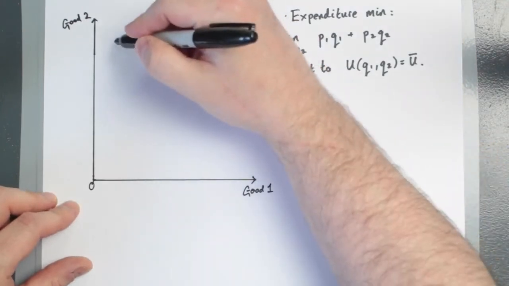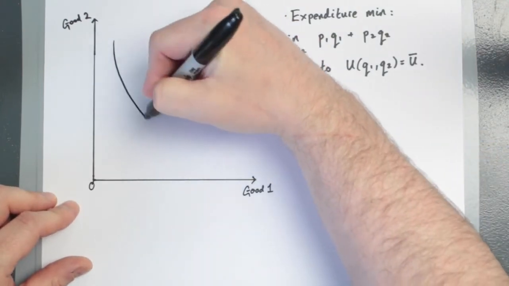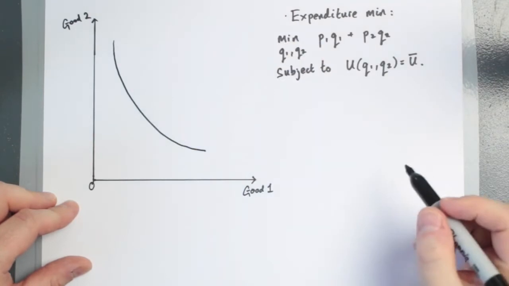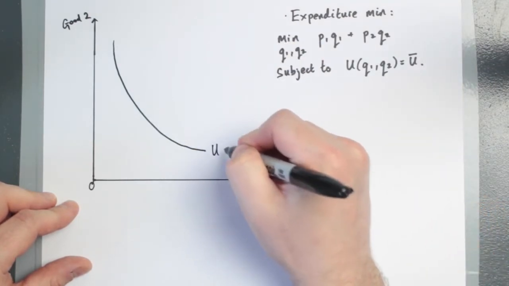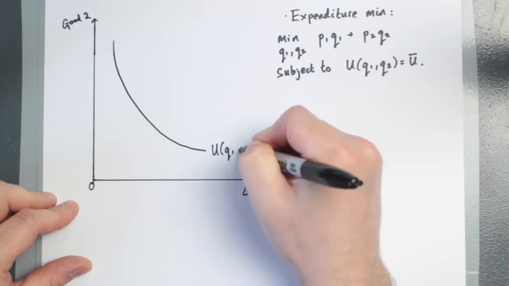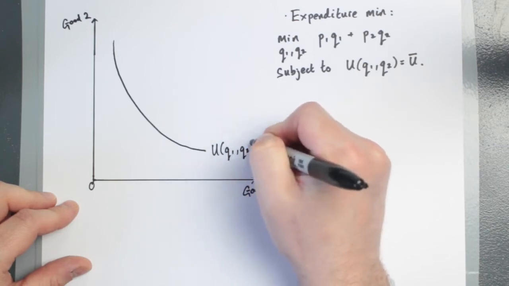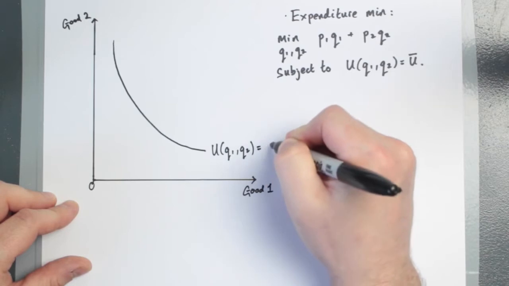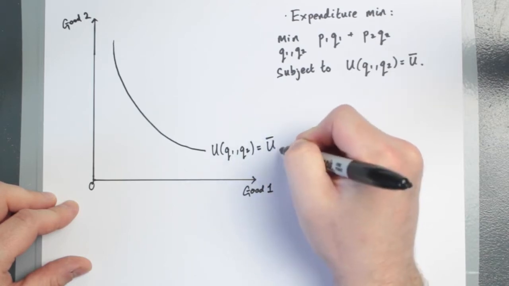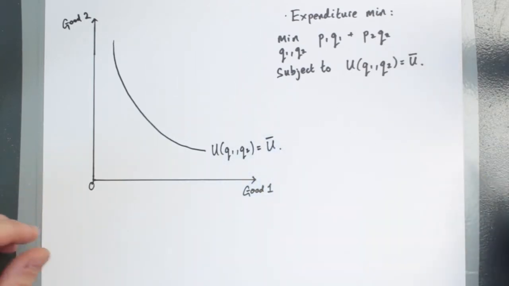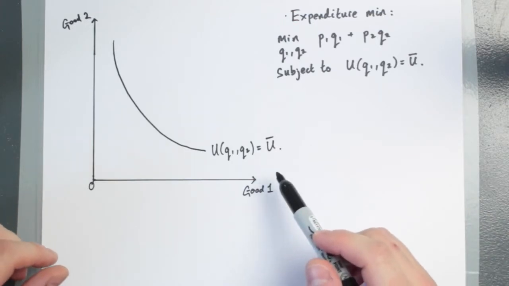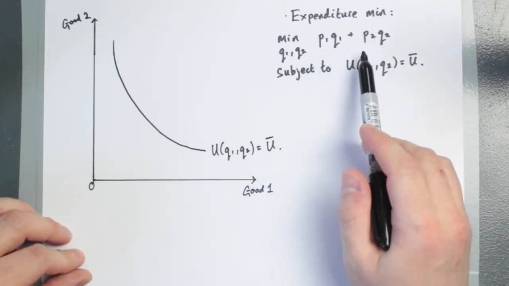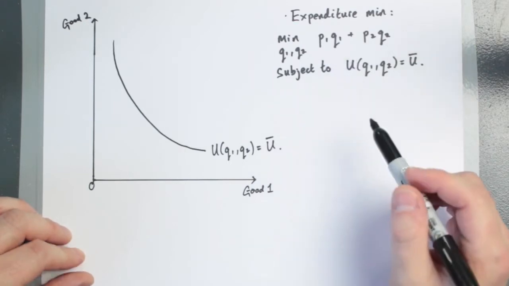So I could draw a downward sloping convex indifference curve and then label it and say, well, the utility of every bundle of these two goods along this indifference curve has the same level of utility, equal to the target level of utility U bar. What about the thing we're trying to minimize here?